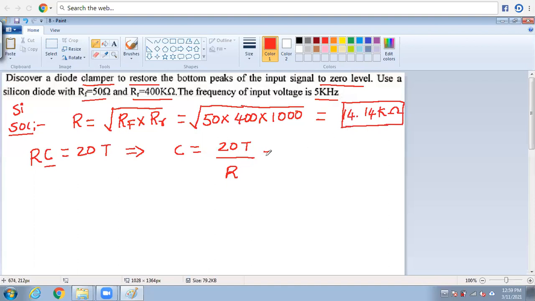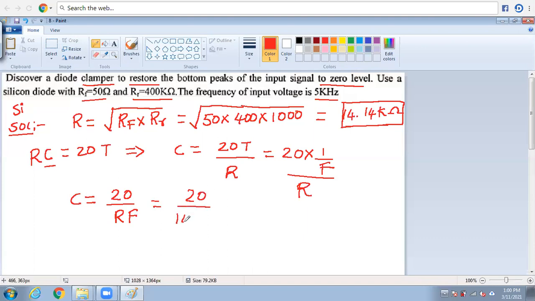Now this expression is converted to 20 into T, where T can be written as 1 by F, whole by R. Finally, this C expression can be written as 20 by R F.